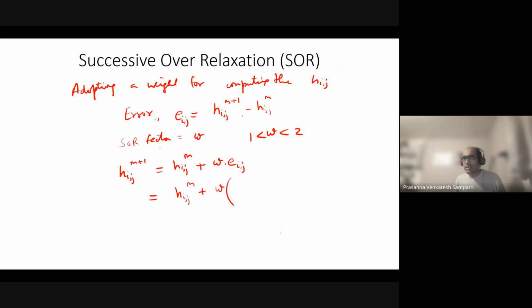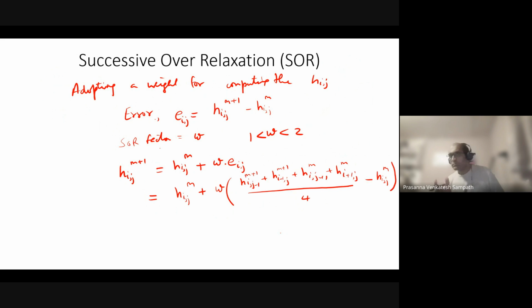But what is this h i j at m plus 1? It is h i comma j minus 1 plus h i minus 1 comma j plus h i comma j plus 1 plus h i plus 1 comma j divided by 4, minus h i comma j at m. Now remember, two of them are m plus 1 terms and the remaining two are m terms.